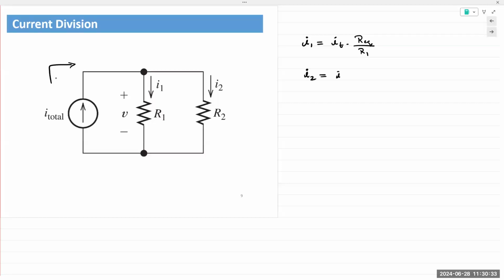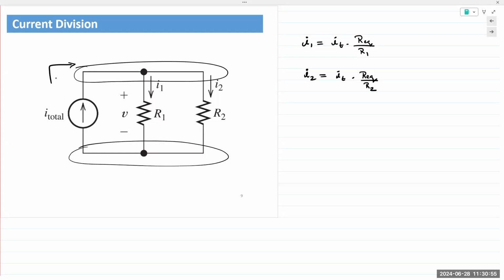I2 is a fraction of IT, and that fraction is REQ over R2. The numerator and the denominator are flipped. Again, it's a parallel connection. Voltage remains the same, right? It's the exact same two nodes.